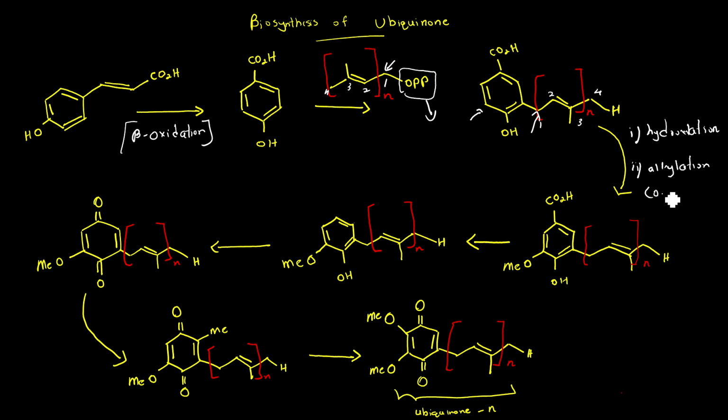When we have introduced the OH group onto this position, we are going to introduce a methyl group to this particular oxygen, right? So we have this particular product here. You can see we have the oxygen, and to this oxygen we have introduced a methyl group.